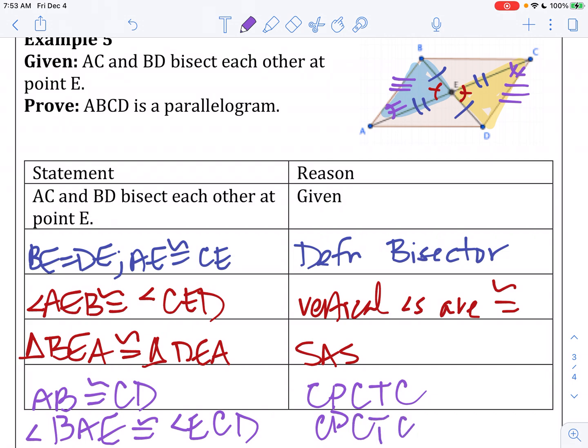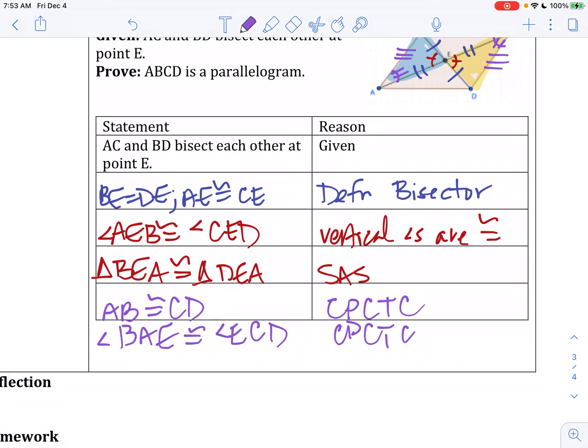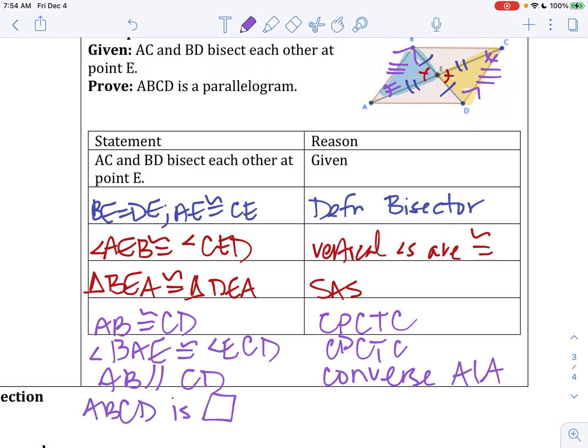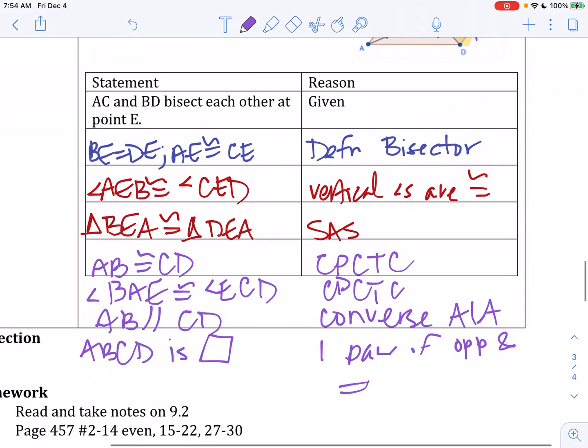And because those two angles are congruent, I could say that AB is parallel to CD by the converse of alternate interior angles. And last but not least, I can say that ABCD is a parallelogram because it has one pair of opposite sides that are parallel and congruent. All right.